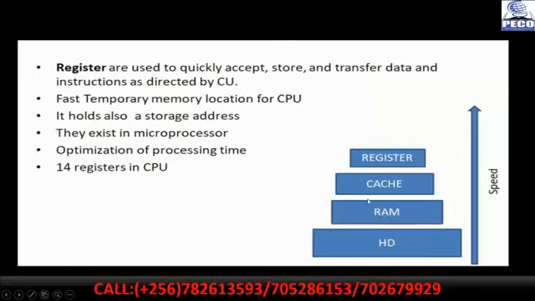Those small storage locations are numbered, and those numbers are the addresses. So the address of the data item can be stored for easy access. They exist in the microprocessor.